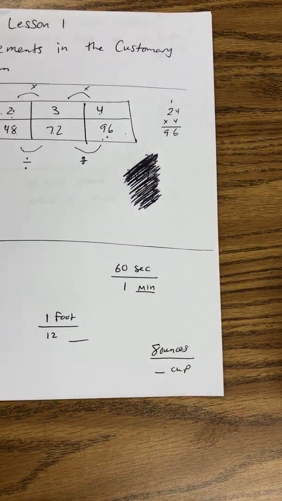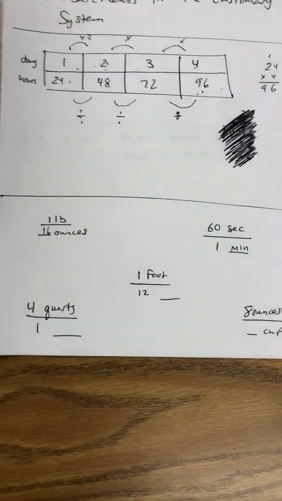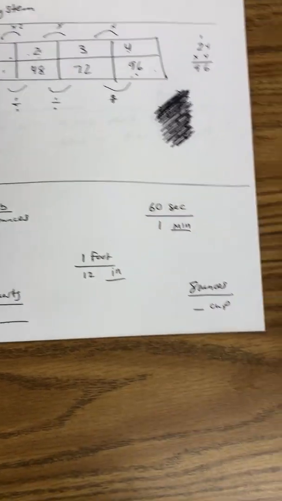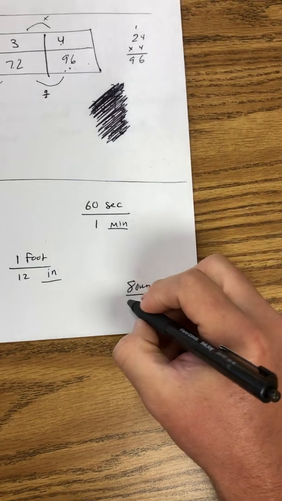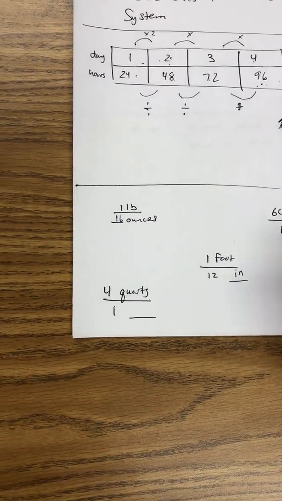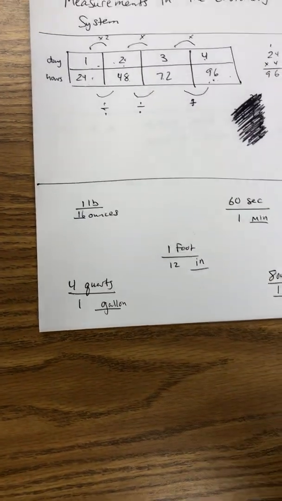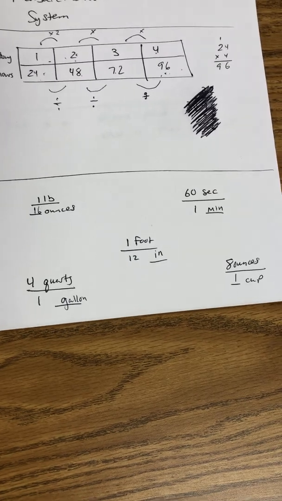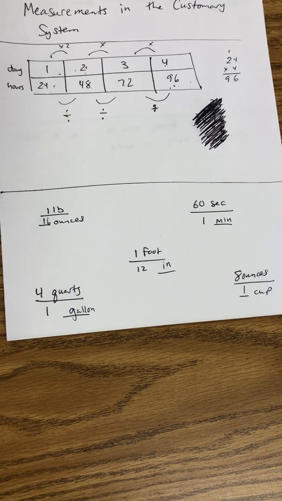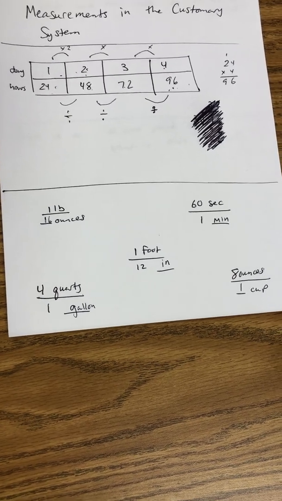And I'm just finding this base unit, this unit rate of these. 1 foot is 12 inches. 8 ounces is 1 cup. 4 quarts is 1 gallon. Now, you may not know all of these off the top of your head, but these are things that we can find easily with tables and such that we have had before or we've seen before in other math problems. So these are just a few examples.